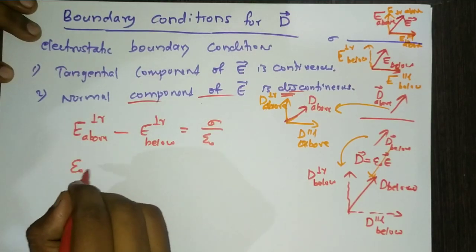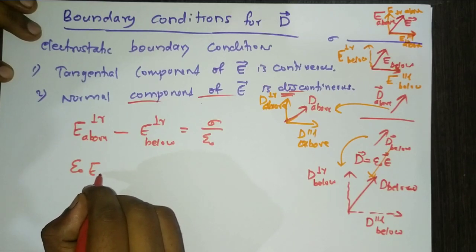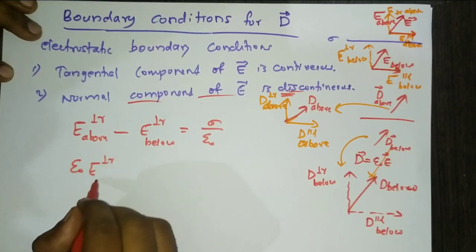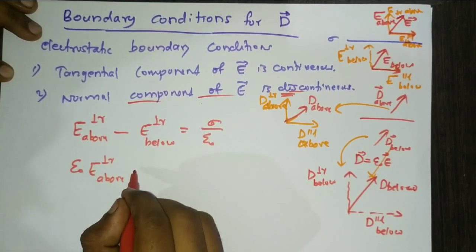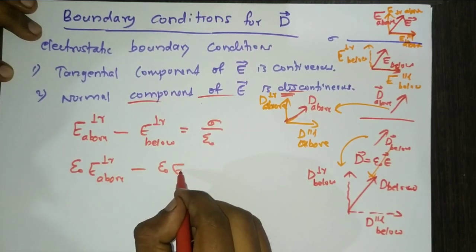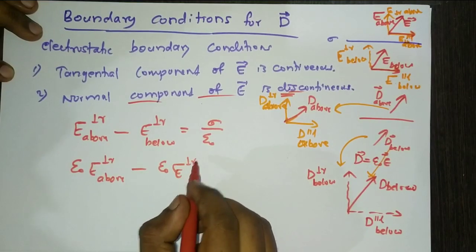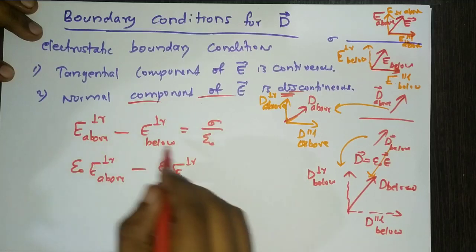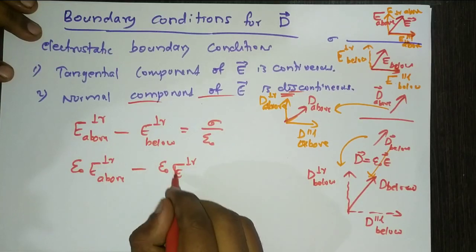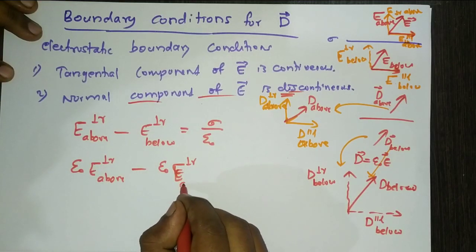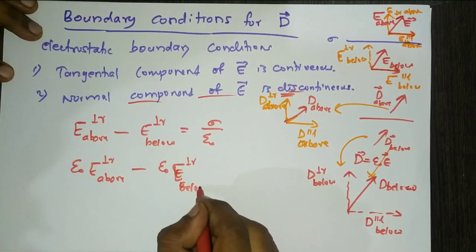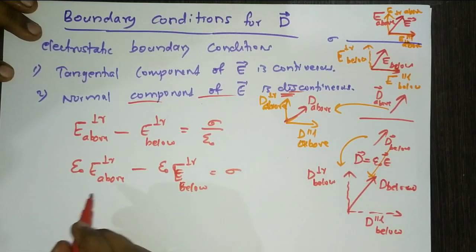This can be written as: if I multiply epsilon 0 throughout this equation, epsilon 0 times E perpendicular above minus E perpendicular below is equal to sigma.